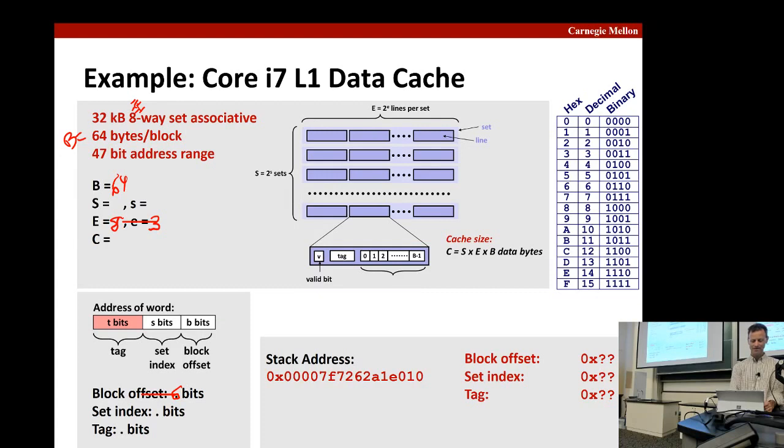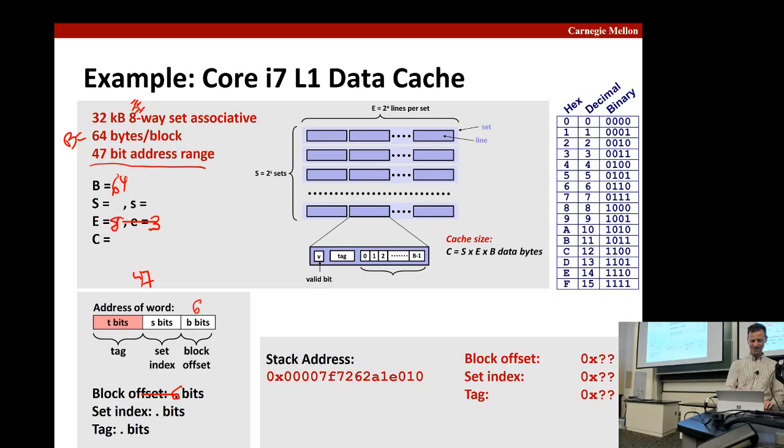So how big's the tag? Well, this is 6, and we have a 47-bit address range. We want the total number of these bits to be 47.